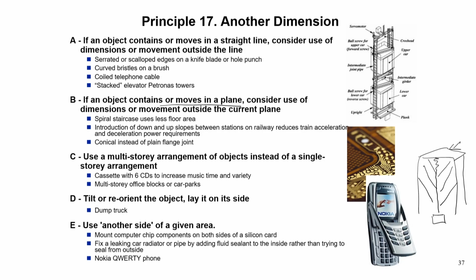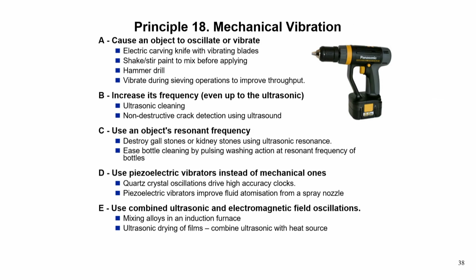Now, I come to principle 18, which is of mechanical vibration. In this case, we would like to use vibration in order to do some work, like cause an object to oscillate or vibrate. You see, this electric carving knife is based on the principle of vibration, or a hammer drill, or vibration used during the sieving operation.